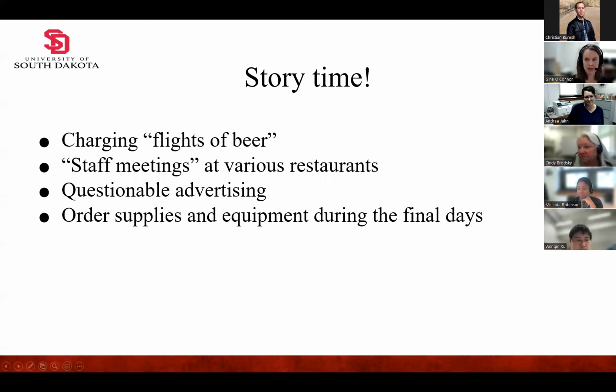So over our time here, we've had a variety of things that have been tried to charge to grants, and we've had to shoot them down. We've had PIs tell us that they're having staff meetings at various restaurants and charging things like flights of beer, which are not allowed.